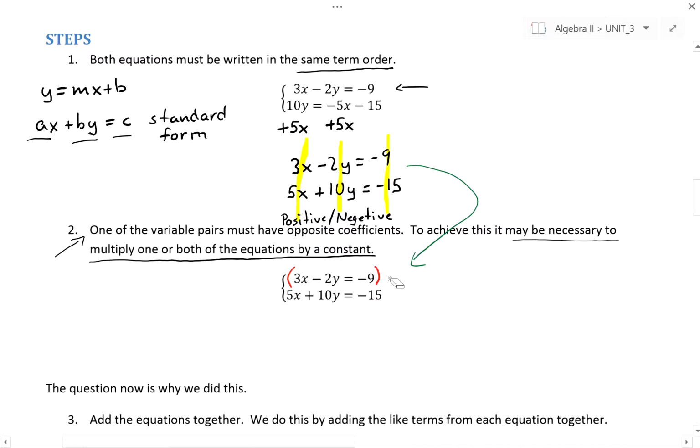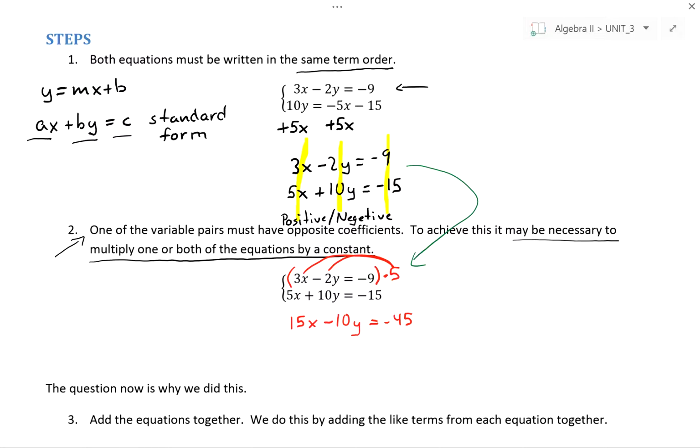So times 5. Okay, so 5 times 3x is 15x. 5 times negative 2y is negative 10y equals 5 times negative 9 is negative 45. Okay. So we've multiplied everything by 5, not 2, sorry about that.